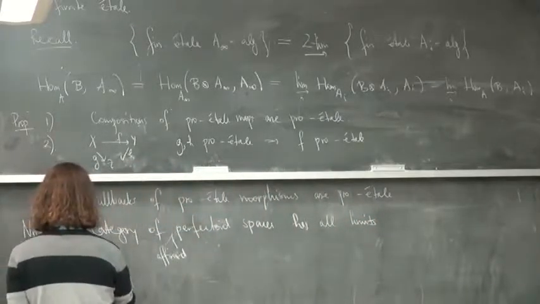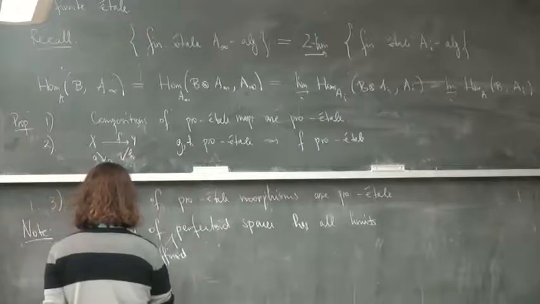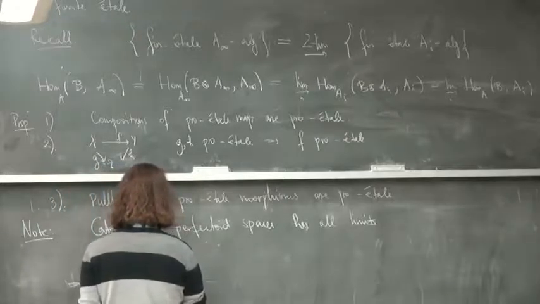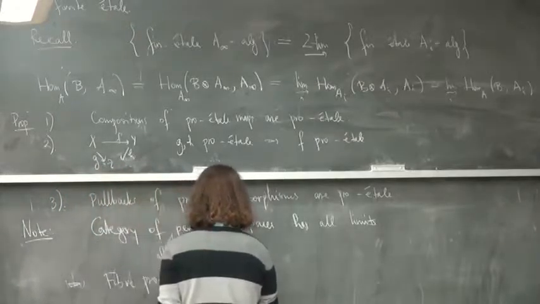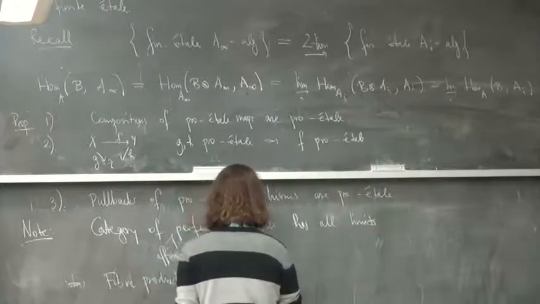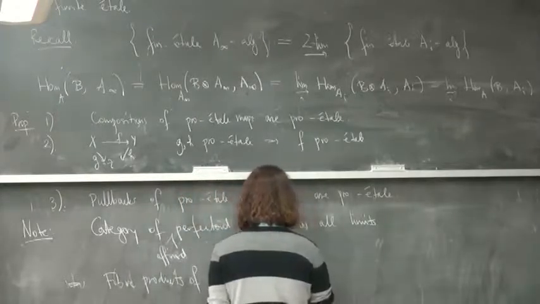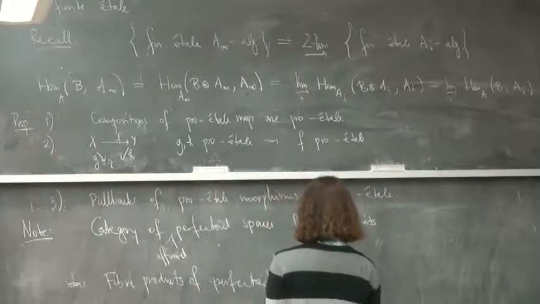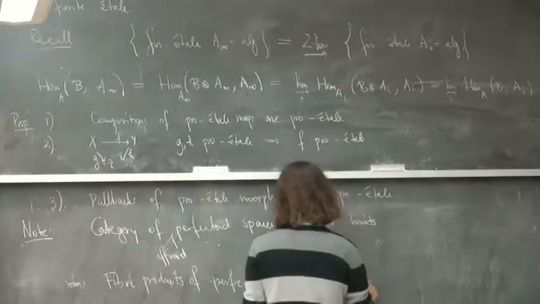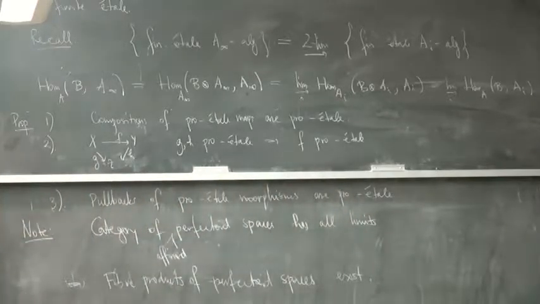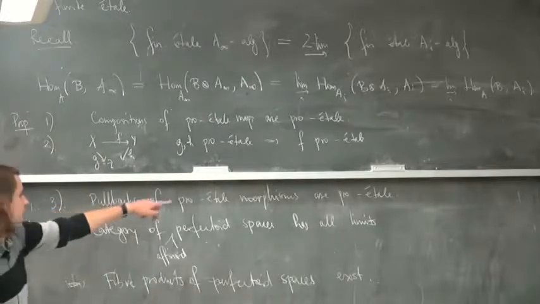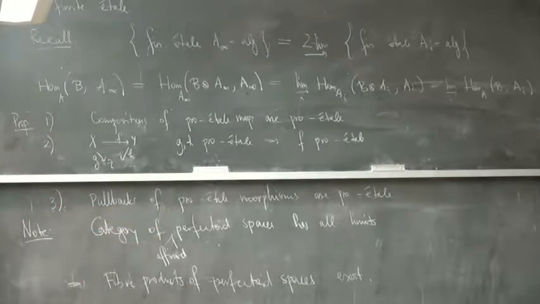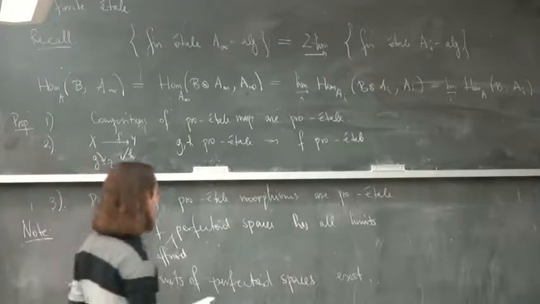Some particular fiber products of perfectoid spaces exist. So it's clear that the pullback exists, and then you just have to verify it's pro-étale, which is probably the easiest of the three properties.